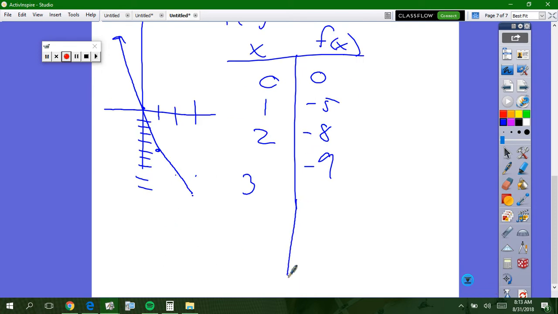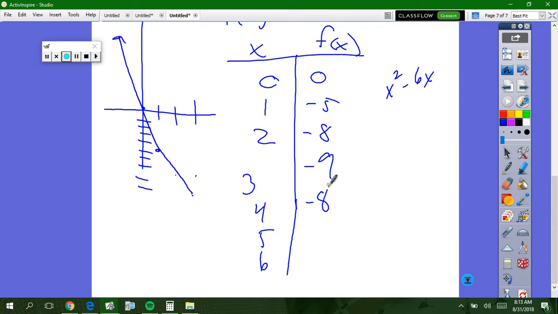Plug in 4. How about 4, 5, 6? We plug in 4. Can't remember the equation. What was the equation again? So if we plug in 4, that's 16. 6 times 4 is 24. 16 minus 24 is -8. Oh, that's kind of nice, because look, it's matched up.